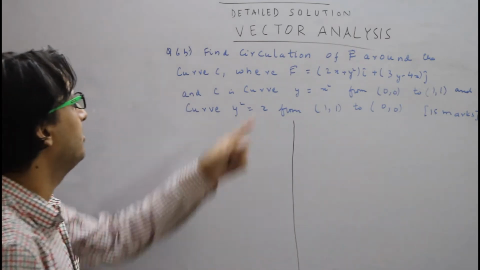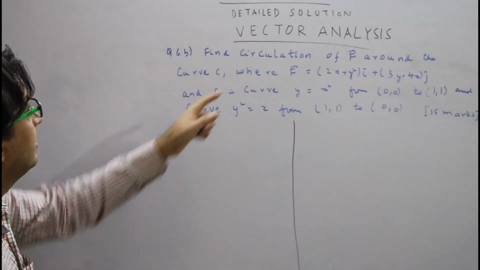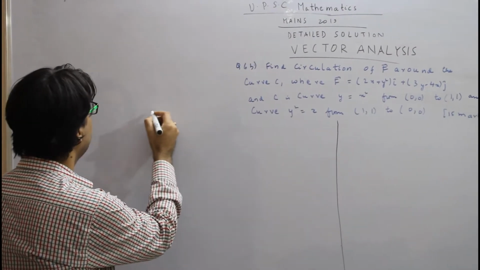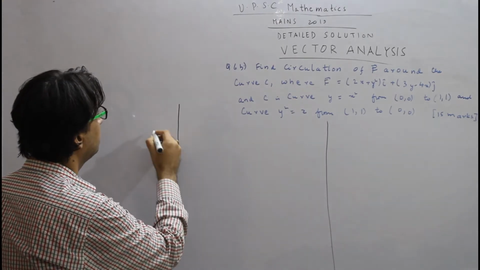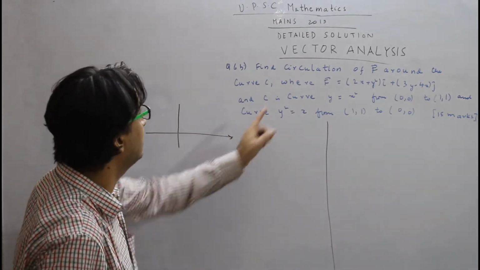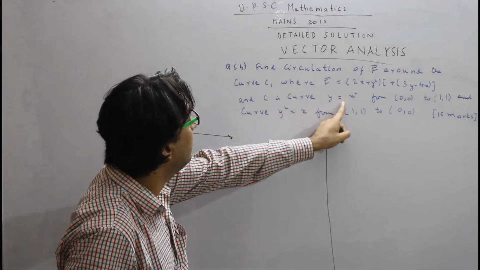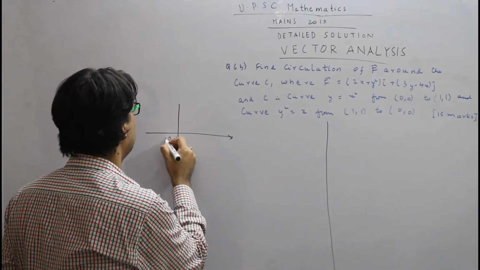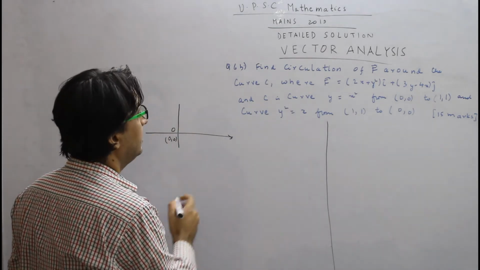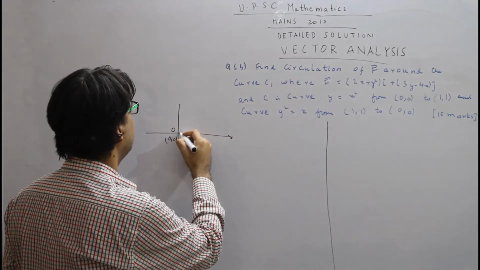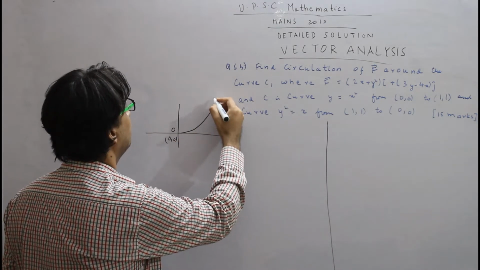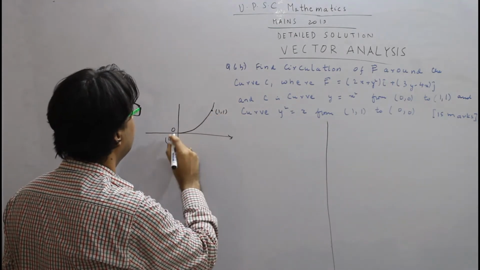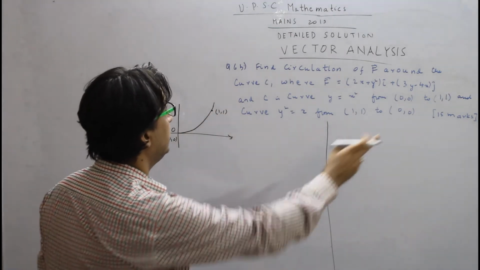So now I am going to solve this question. Before that, I must draw the figure of the curve. It says the curve is y is equal to x square from (0,0) to (1,1). If we plot here, we call this O, and this is a parabola y is equal to x square from (0,0) to (1,1).